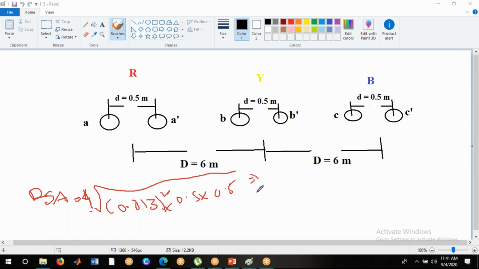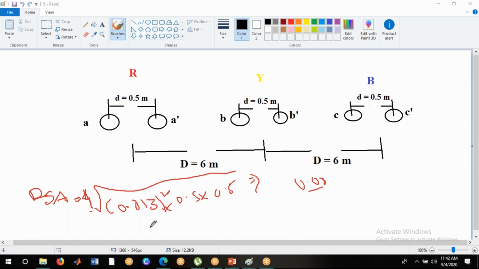Then what is the value of DSA? 0.013 whole square into 0.5 into 0.5, and power 1/4. It is the 4th root, right? So the answer is 0.08. Now if you calculate the self distances of DSB and DSC, you will get the same answer.